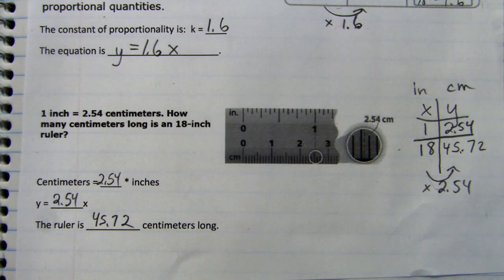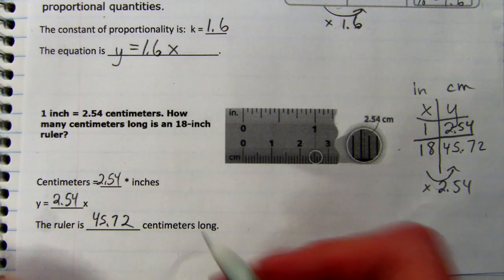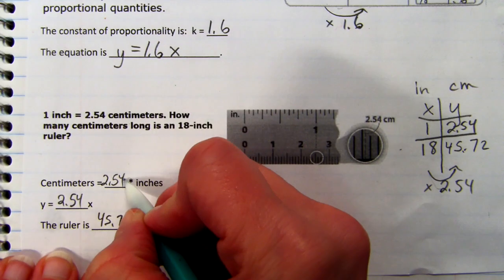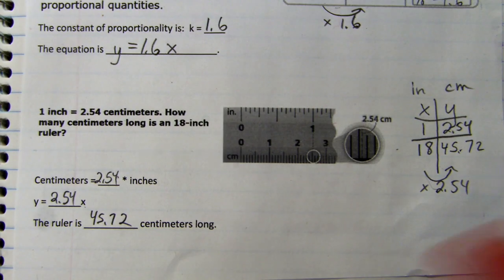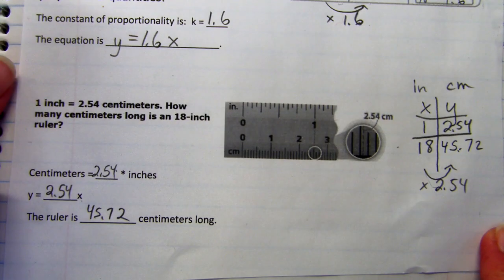This is just using 2 sets of information. We've got inches and centimeters and figuring out that relationship. So this is your constant of proportionality. This is your equation. And then we answered the questions. That way we know what to do when they ask for certain things.